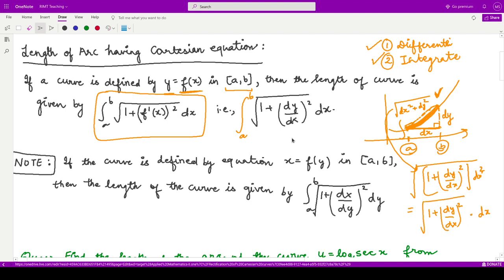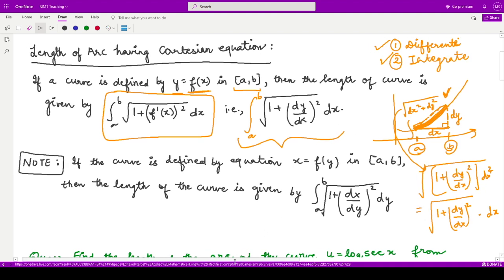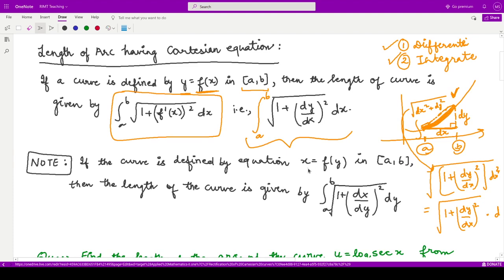So this is the quantity that we are interested in to find the length of the given curve. Moreover, note that if your curve is defined in this way, when x is given to be some function of y, then your formula just changes: instead of dy by dx, you now have to calculate dx by dy. So this becomes the formula to calculate the length of the given curve.